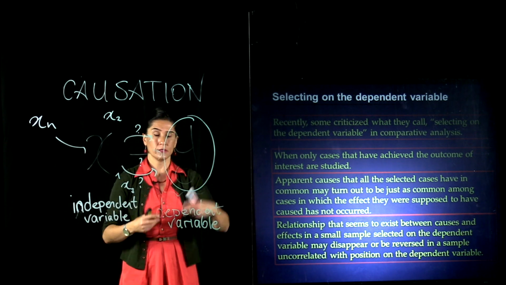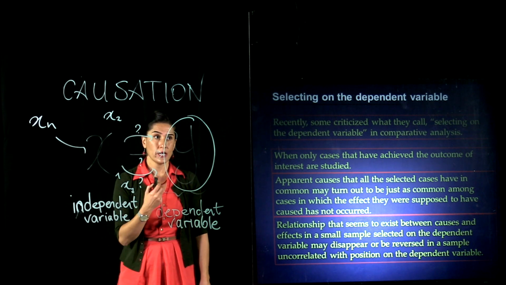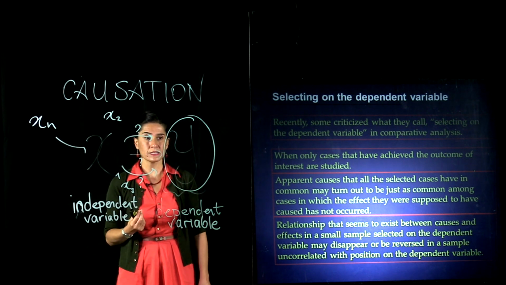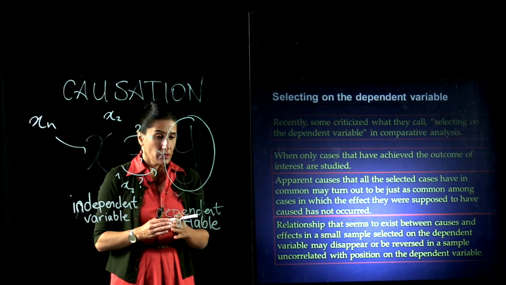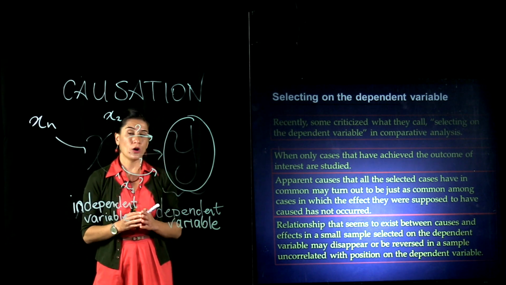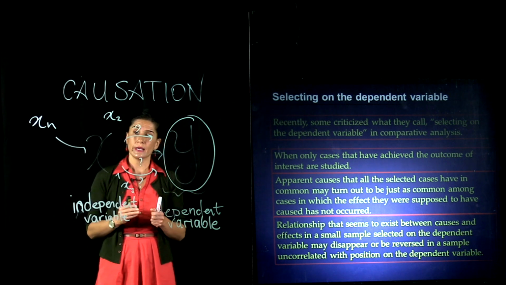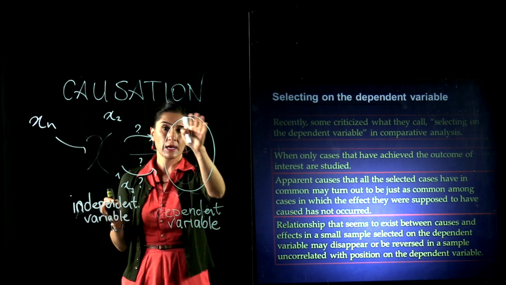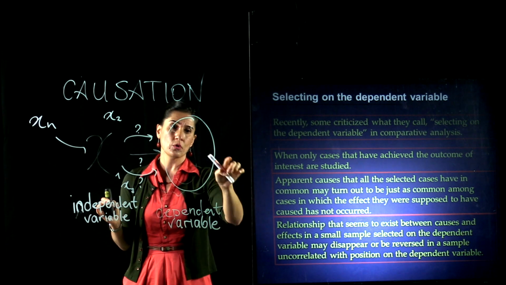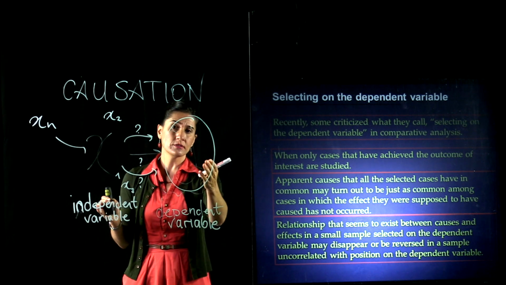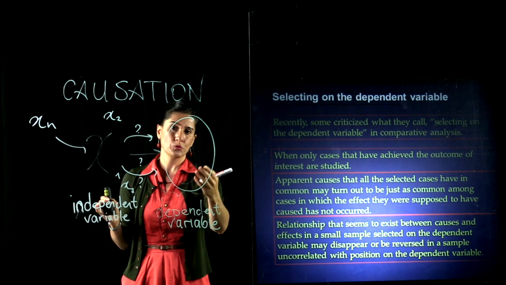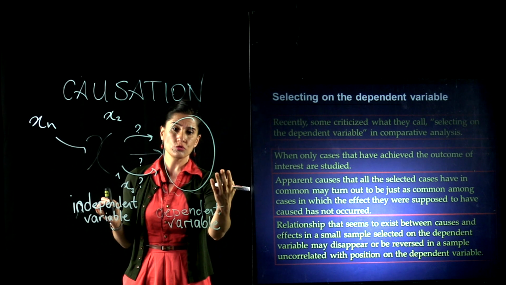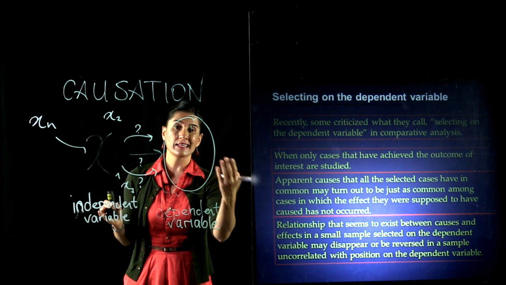So the scholars who question the viability of selecting on the dependent variable argued that we need to find some cases of Y where Y varies in our study. We shouldn't only look at cases where Y occurred, but should also choose a case where Y did not take place.